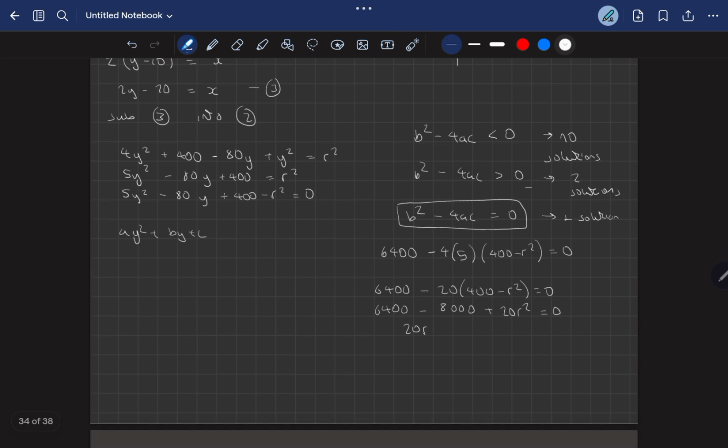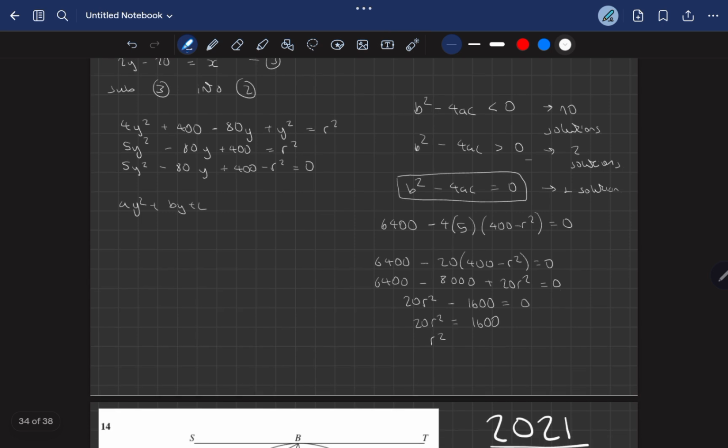So 20 r squared minus 1600 is equal to 0. So 20 r squared is equal to 1600. Divide both sides by 20. r squared is equal to 80, I believe. So r is just the square root of 80.